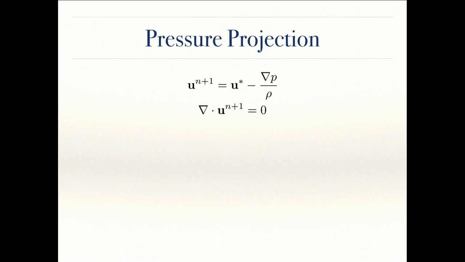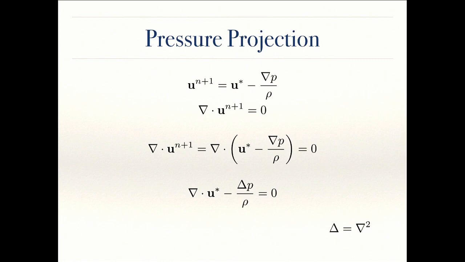We know that we want u^(n+1) to be divergence-free, so the divergence of u^(n+1) should be 0. Plugging that in, we get that the divergence of u star minus the gradient of p should be 0. And then if we use the distributive rule on the nabla there, we get that the divergence of u star minus the Laplacian of pressure should be 0.